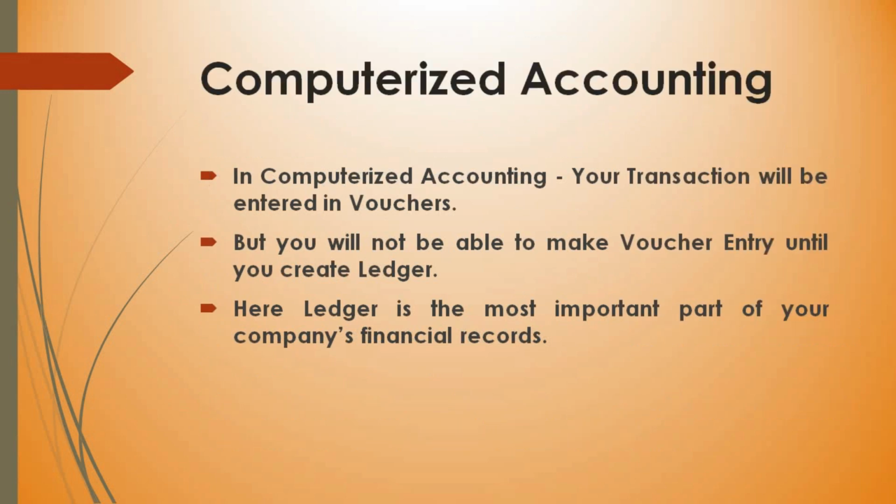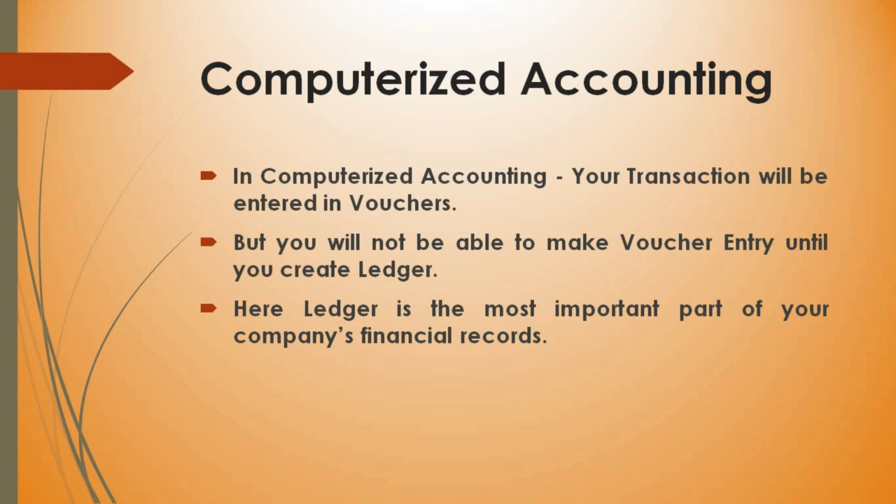But in computerized accounting, as soon as any transaction takes place, it will be entered in vouchers. But you will not be able to make any voucher entry until you create a ledger. So here, the ledger is the most important part of your company's financial records.